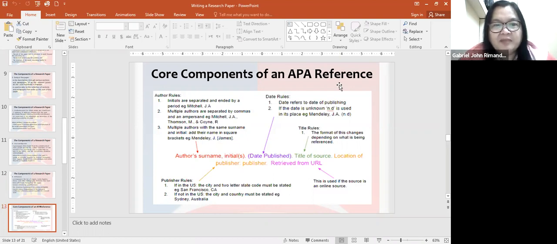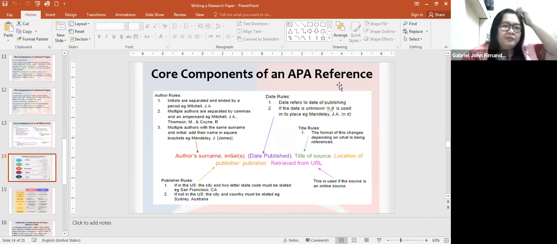And then the date published. When is the research work published? Then the title of the source, location of publisher, and then retrieved from which URL if you are using Google as your source. Okay? So you are easily guided by this slide when you use the APA reference. This is the most general formatting used.